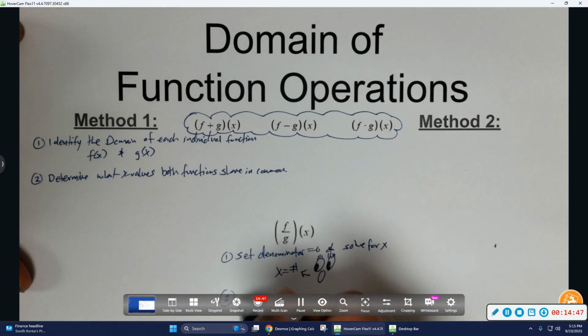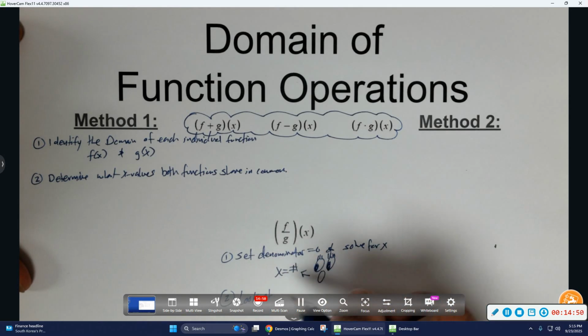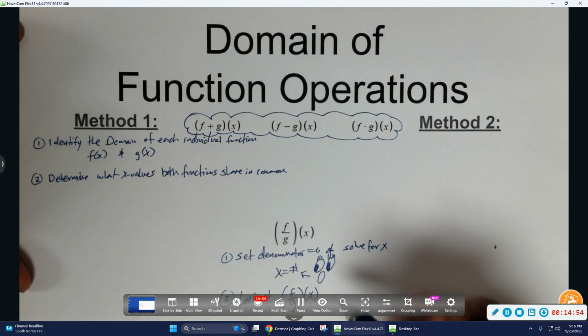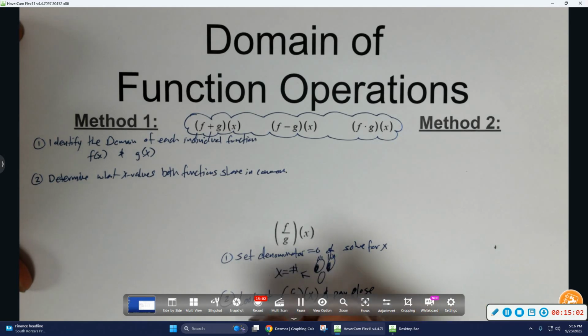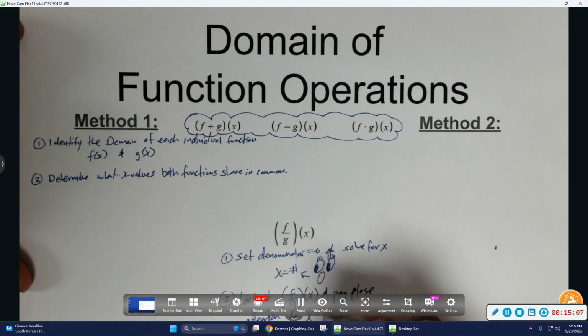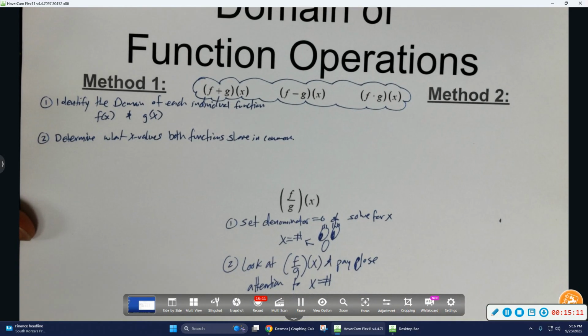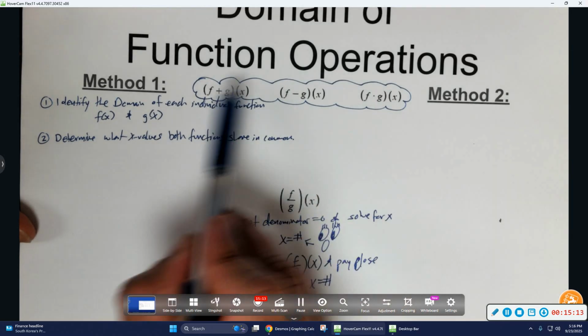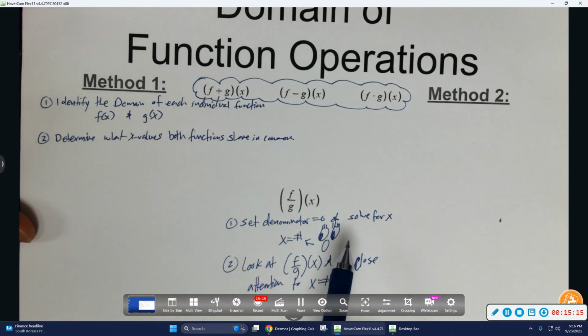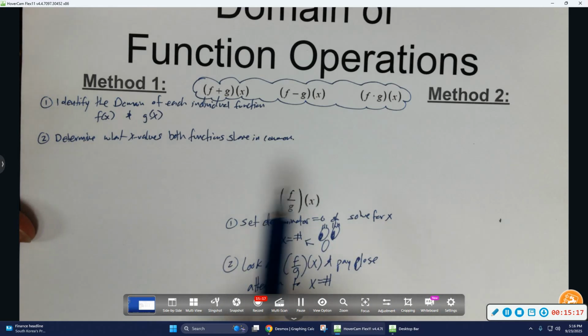So step 2, look at the f divided by g graph and pay close attention to the number that you found in the previous step. Okay? So for these three, we're going to have two methods. For division, we're always going to have one approach.